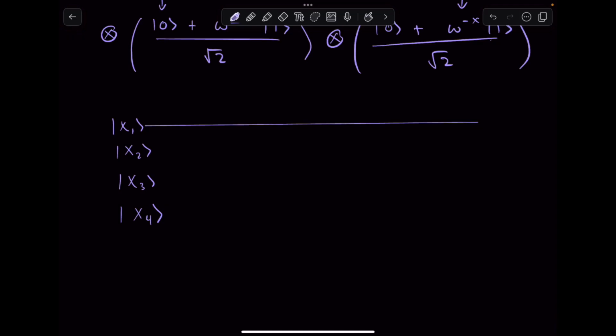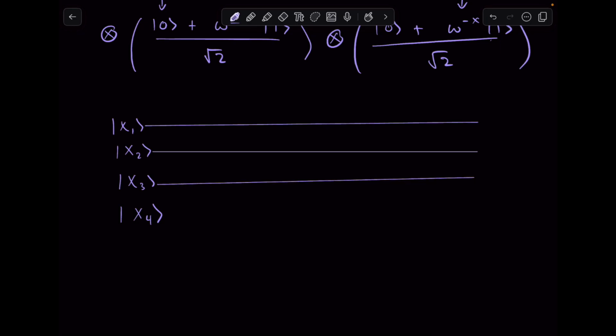And this thing is going to map to a different set of, or the same set of qubits. But here I'm going to swap the order of significance. And this is just going to make things easier in the end.